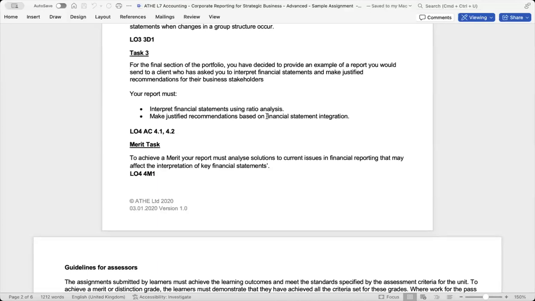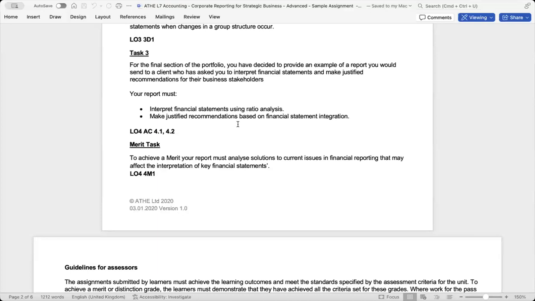So here you can calculate and interpret liquidity ratios, profitability ratios, working capital ratios, efficiency ratios, and resource utilization ratios. Then discuss the implications of these ratios for the businesses. Again, justified recommendations based on financial statement interpretations.